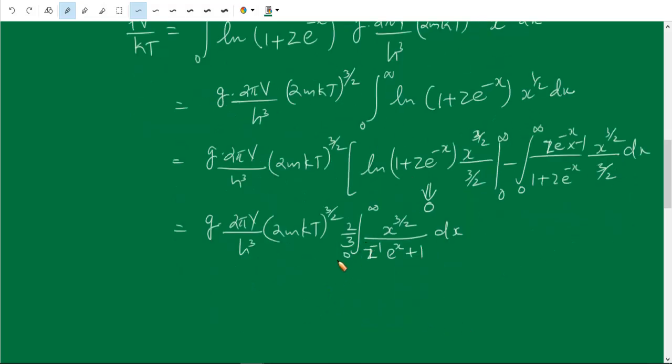Okay, so we can change this thing, we can make this 2 pi mkT, so this pi goes inside and we can multiply with root pi.